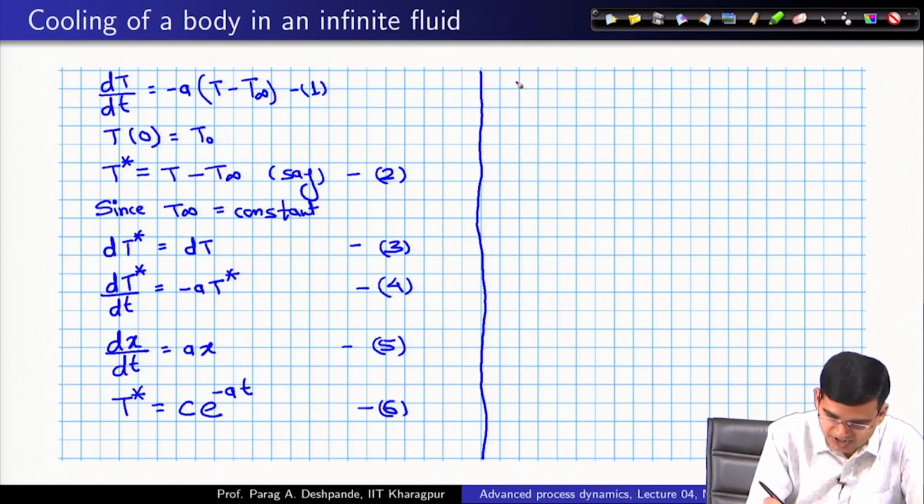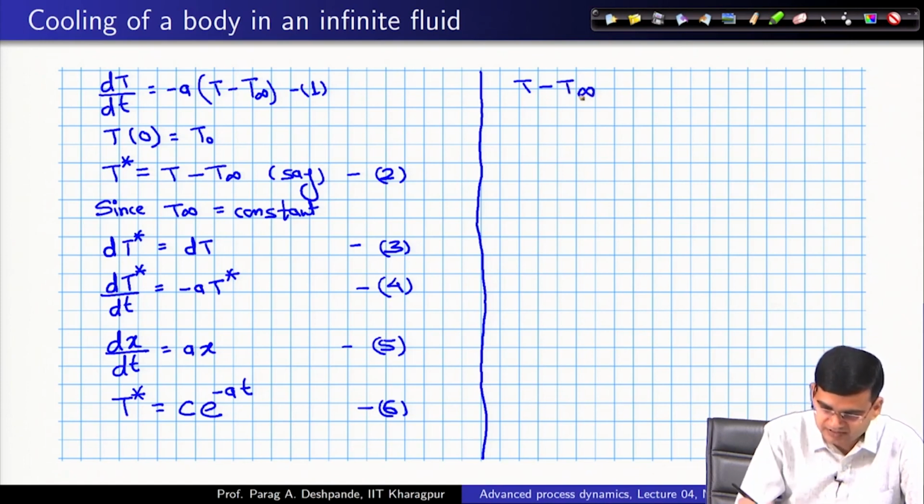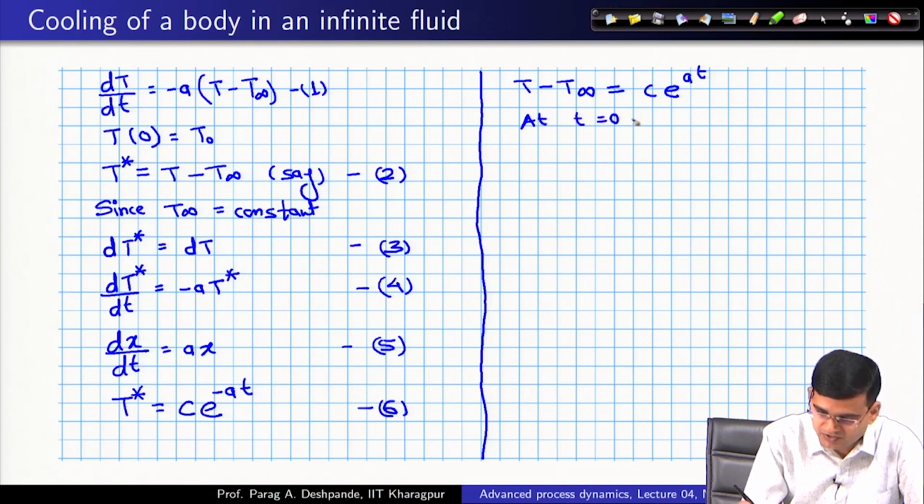My T star was T minus T infinity, and this is equal to C e to the power a t, and at t is equal to 0, my temperature T is equal to T 0, right.